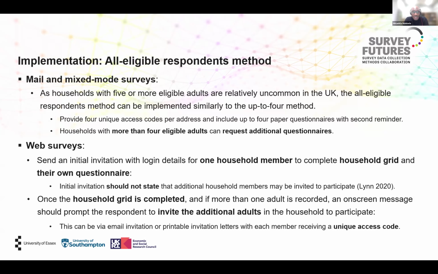This prompt will ask them whether they want to send this via email or print the invitation letter. So if an email is provided, an email invitation is sent automatically to the additional household member with their unique access code to complete the survey. If they request a printed invitation letter, a letter will be printed for the additional household member that has been identified.